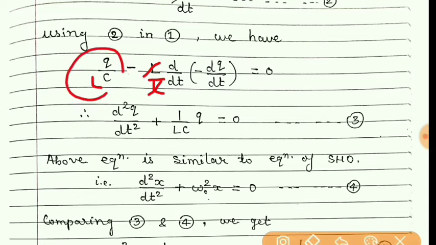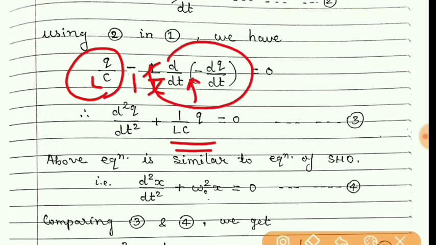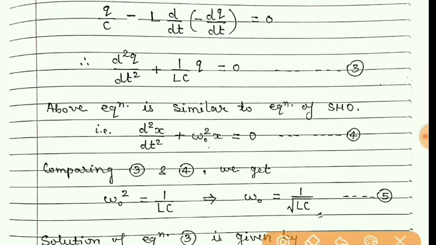One term will be q upon LC, and the other term, minus into minus, is positive, and double derivative of charge. So we got this equation. Let us give this equation number 3.